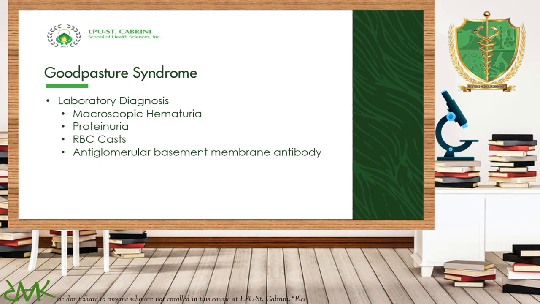Remember guys that there is an attachment of autoantibodies to the basement membrane, followed by complement activation that produces our anti-glomerular basement membrane. And remember that this anti-glomerular basement membrane is not detected in the urine, but rather detected in the serum.